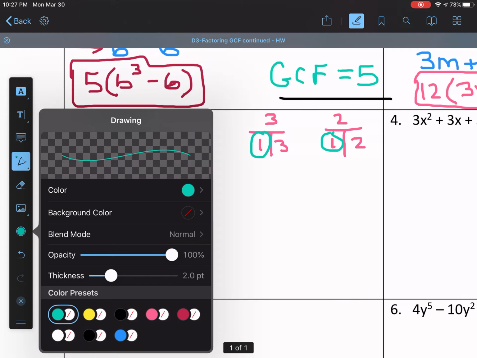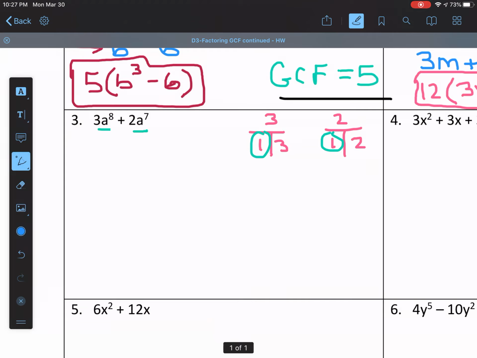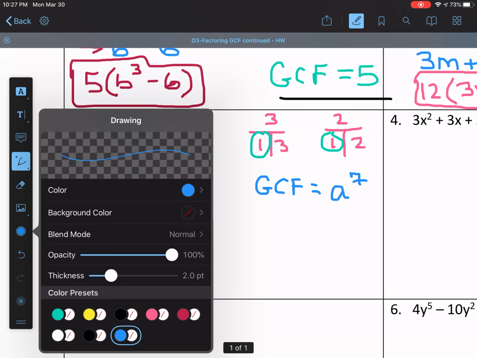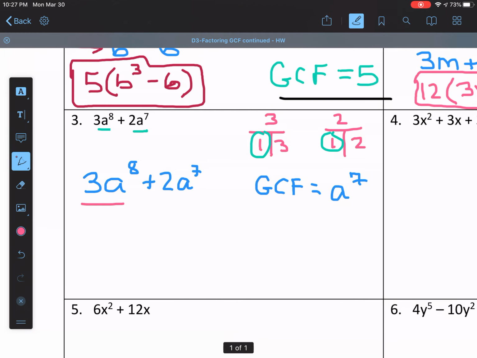So in a previous lesson, I had mentioned that when we're dealing with variables, the GCF is always going to be the lower exponent. So in this case, the GCF is going to be a to the 7th. Okay? So now we're going to take our original problem and divide each of our pieces by a to the 7th.